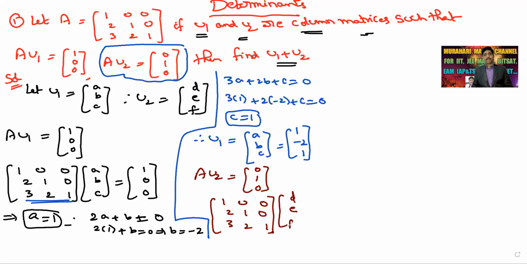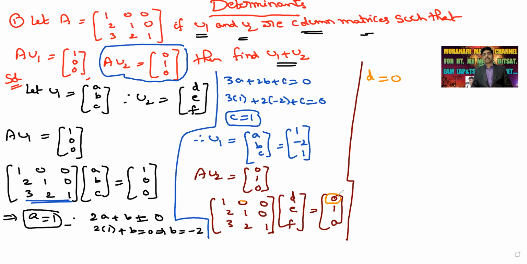DEF is equal to [0 1 0]. So first row multiply with the first column. So D plus 0 into E, 0 into F. D is equal to 0. First row, first column element is 0. We have got D value 0.